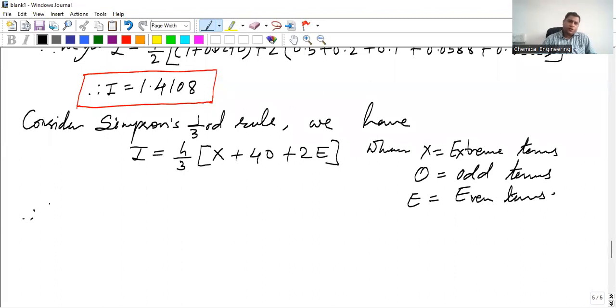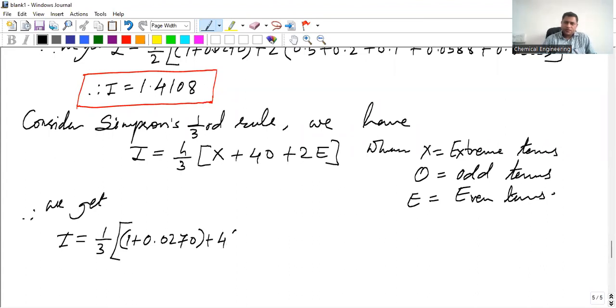So here, I is equal to h by 3, h is going to be 1, so this will be 1 by 3. Extreme terms, 1 plus 0.0270, plus 4 times the odd terms.